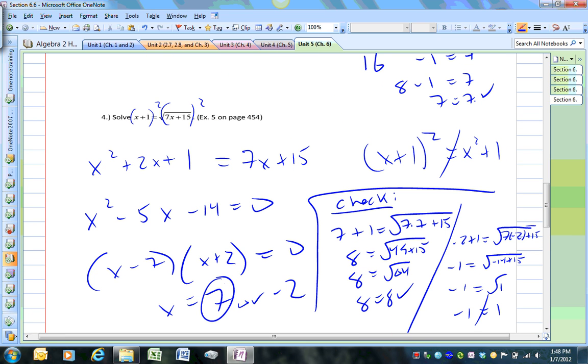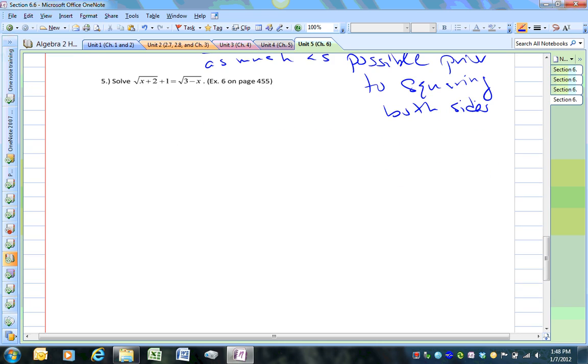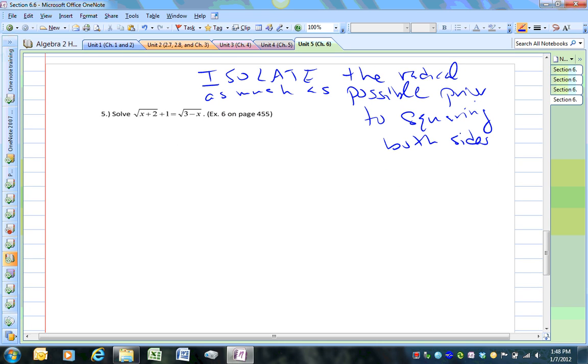So notice how for number 4, the radical is very isolated, so it made it easy to square both sides. The problem is we get 2 radicals, so the best way I could separate it is just the way it is right now. So let's go ahead and start squaring both sides, but you're going to have to be careful.